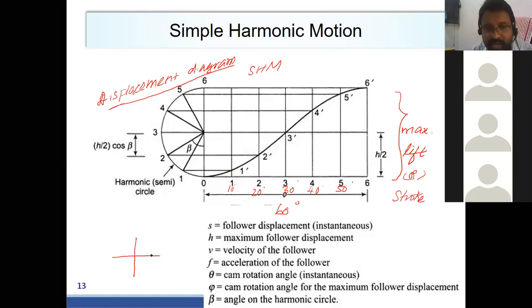Correct. So normally what we do is we will have the base circle here. If you want to make a lift for 60 degrees, from here to here it is 60 degrees, and from here to here it will make a lift.